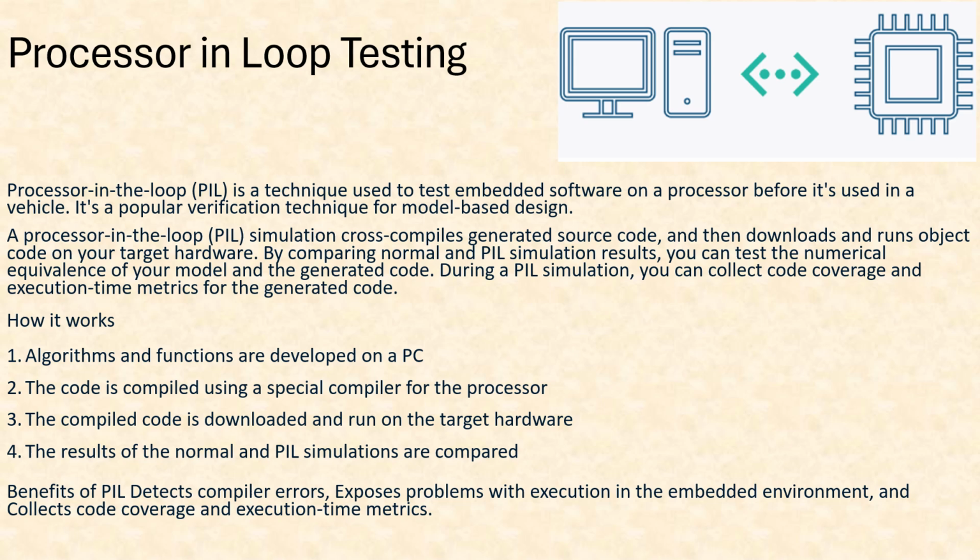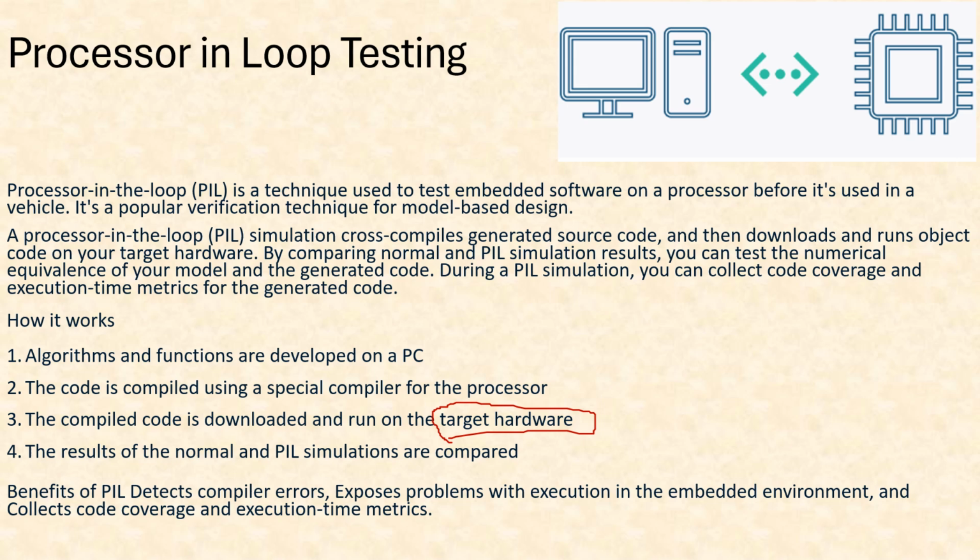And how does it work? Algorithms and functions are developed on a PC, which I already explained. The code is compiled using a special compiler for the processor. Again, as I explained, the compiled code is downloaded and run on the target hardware. And what is the target hardware here? The processor. Now, the results of the normal and PIL simulations are compared.